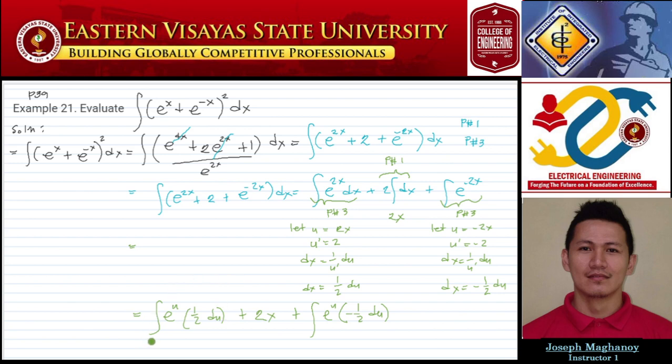Finally, 1/2 integral of e raised to u du plus 2x plus negative 1/2 integral of e raised to u du. So we can apply our exponential formula number 4.